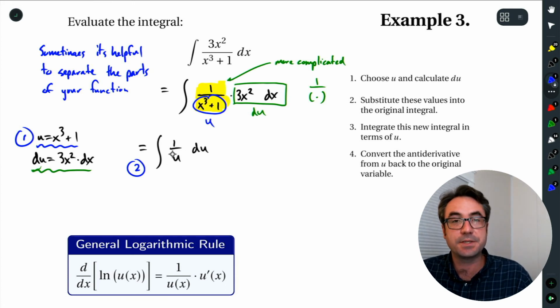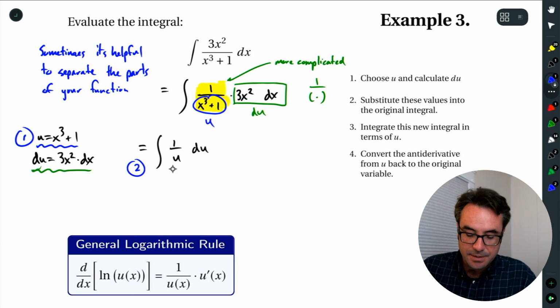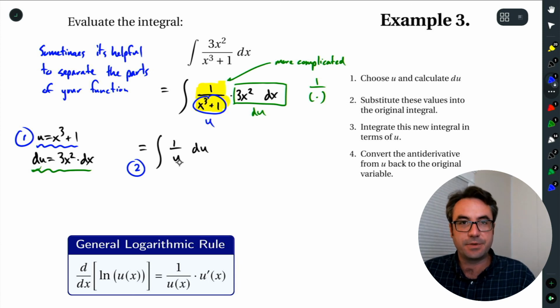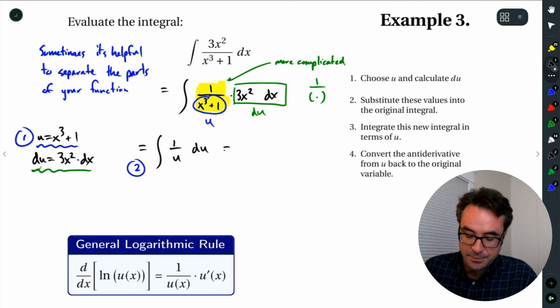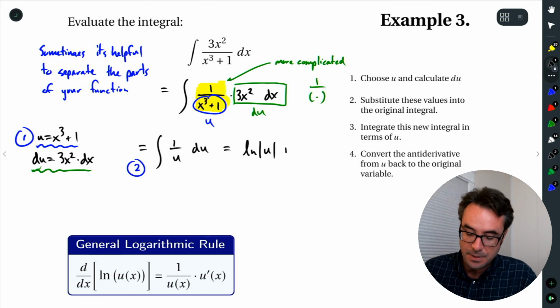This is one of our basic integrals. Notice that we went from a complicated integral involving x's to a simplified integral involving u's, one that we can actually do. Now in step 3, we do the integration. The antiderivative of 1 over u is natural log absolute value u. Remember the absolute value. Then we have plus c.